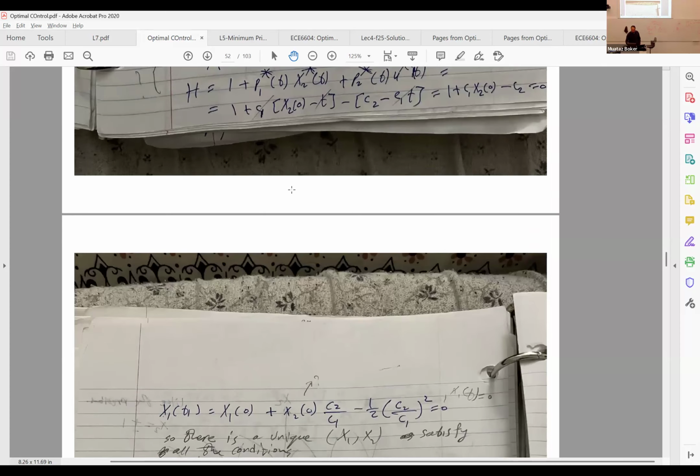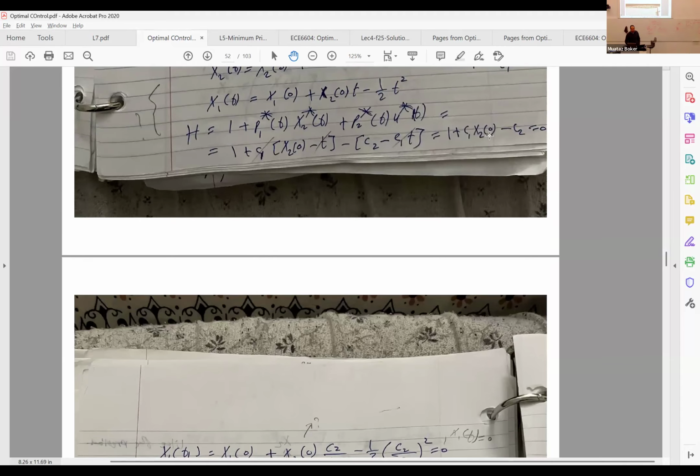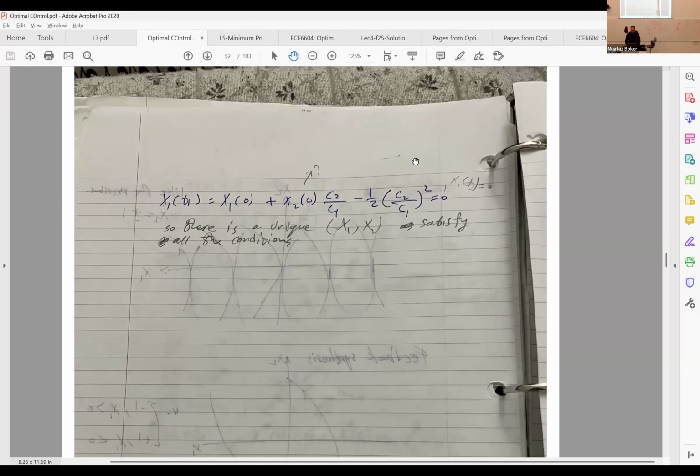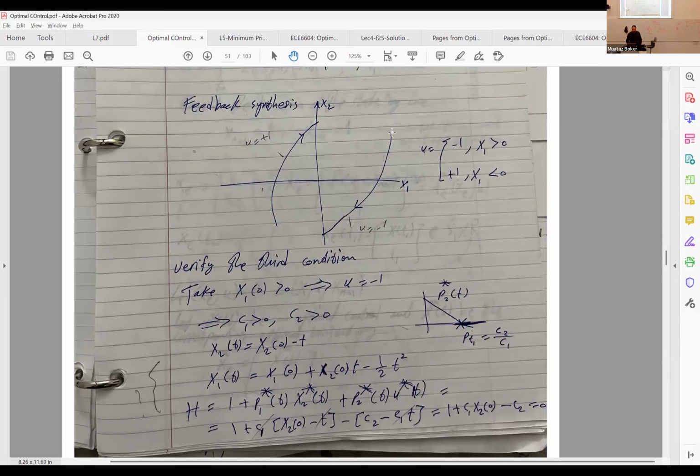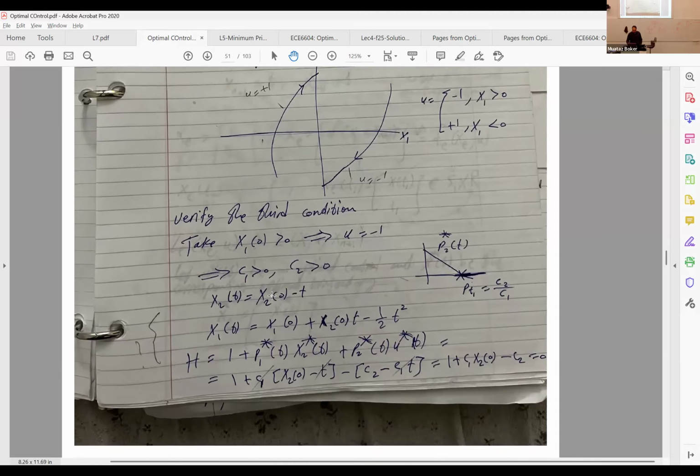From this optimality condition, we know exactly what X2 of 0 needs to be. If you plug it in here, you'll end up with a unique X1 of 0. So there is a unique initial condition, X1 of 0 and X2 of 0, that will solve the problem when we consider this case. So if we are here, there is a unique initial condition that will lead to that solution.